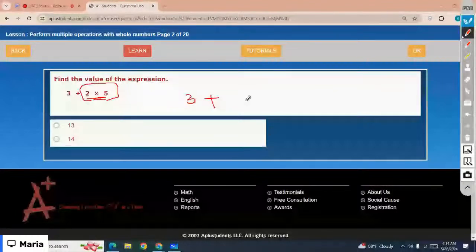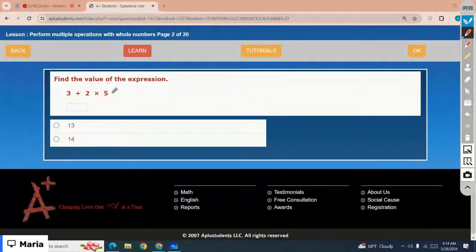So you have to add 10 plus 3 equals 13. You have to perform multiplication first because the multiplication has higher priority over addition. Whenever you have a question like this, you have to do multiplication first. So the correct option is 13.